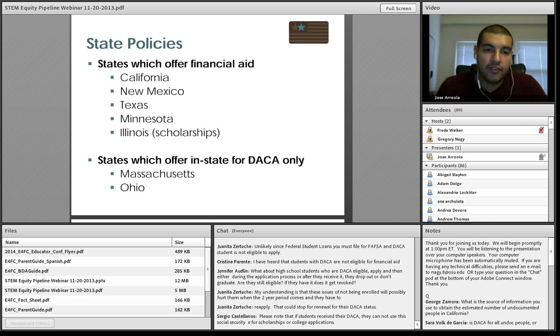And then we have 5 states that have been able to take it a step further, that have been able to offer state-based financial aid to the undocumented folks in their states: California, New Mexico, Texas, Minnesota, Illinois. Minnesota is the most recent state that has been able to pass some type of state-based financial aid.